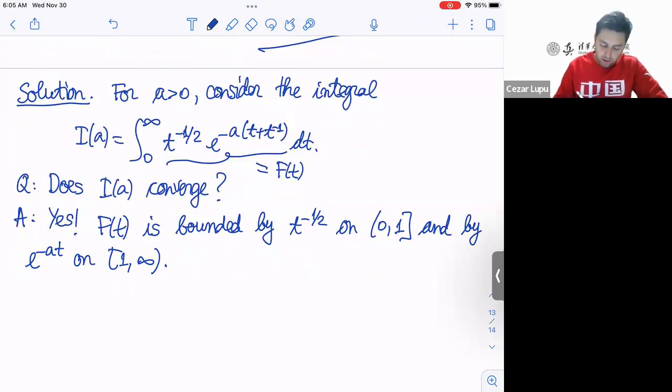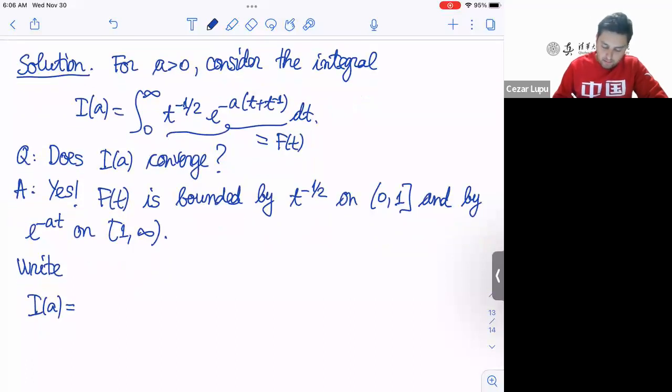So now what we're going to do, I'm just going to write it. What does this integral mean from 0 to infinity? So we write I of a, which is, let me write it in this way. This will be the limit as b approaches infinity of the following.